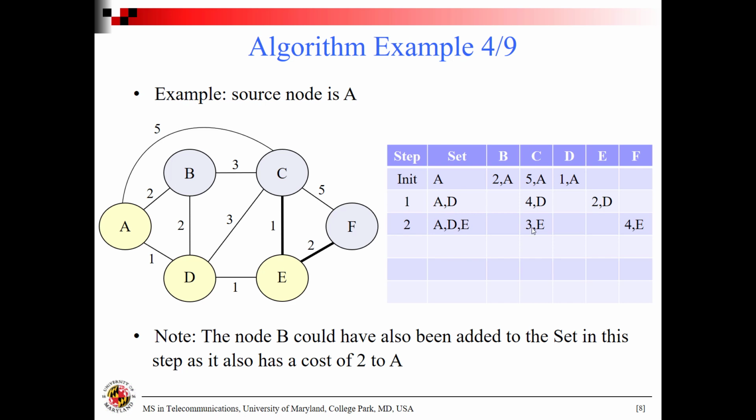So let's look at C, right? The node E had a cost of 2. The link between E and C has a cost of 1. So what we have discovered now is a new path to destination C with a total cost of 3, right? And previously we had a path of cost 5 and then 4, but a cost of 3 is still better than 5 or 4.